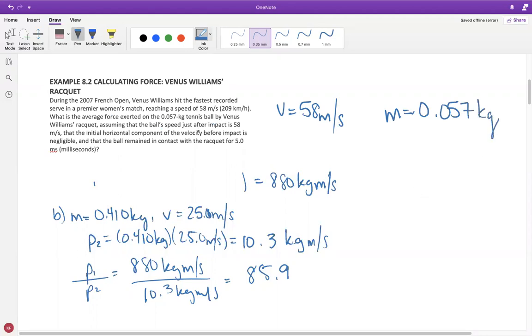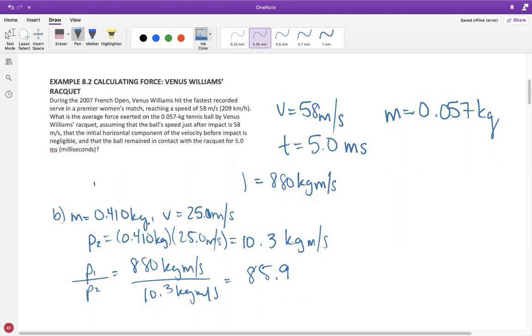Okay, assuming that the ball's speed just after impact is that 58 meters per second, that the initial horizontal component of the velocity before impact is negligible, and the ball remained in contact with the racket for this amount of time, 5.0 milliseconds. Okay?